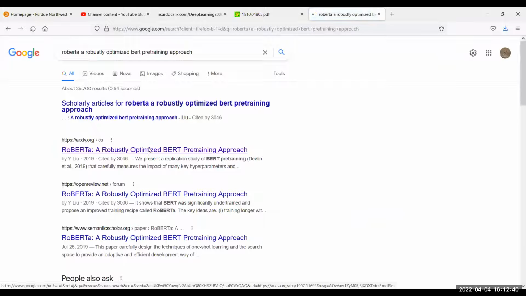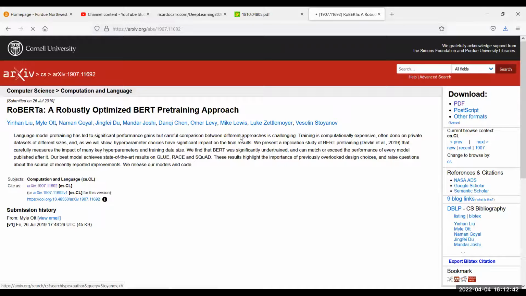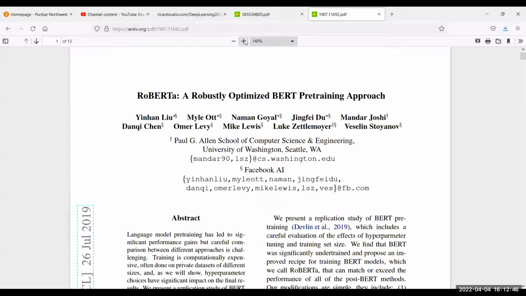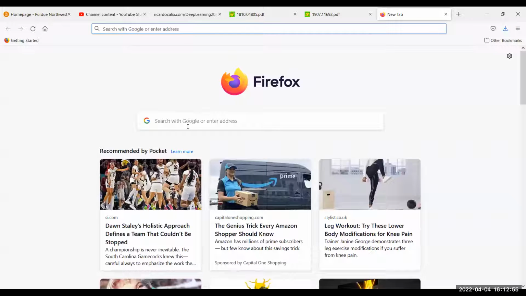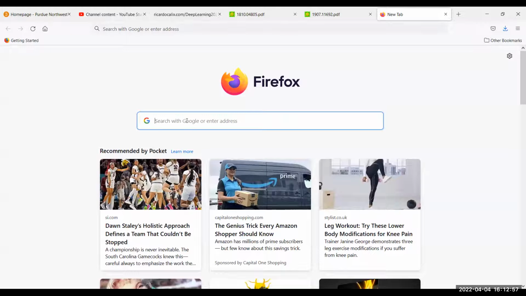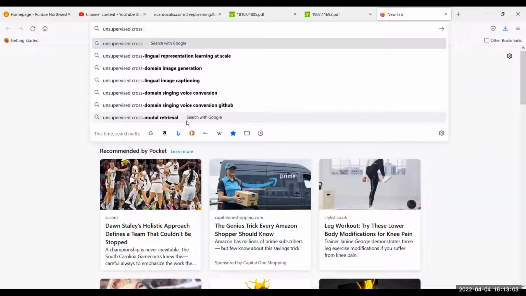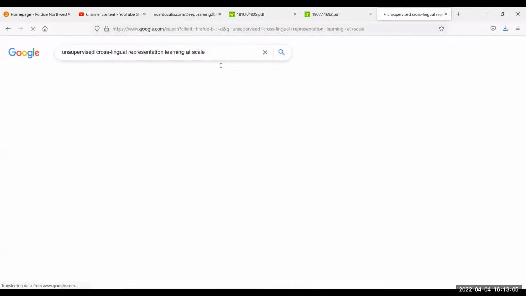This is the Roberta paper. Roberta, a robustly optimized BERT pre-training approach. Okay. And then the last one is unsupervised cross-lingual representation learning at scale.